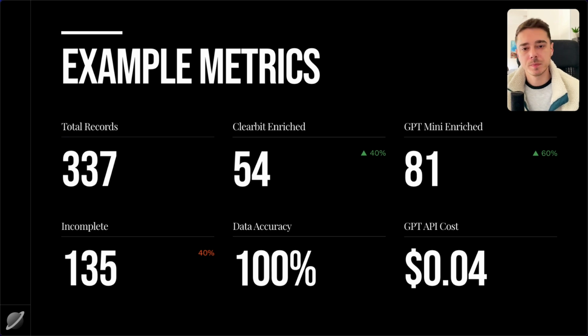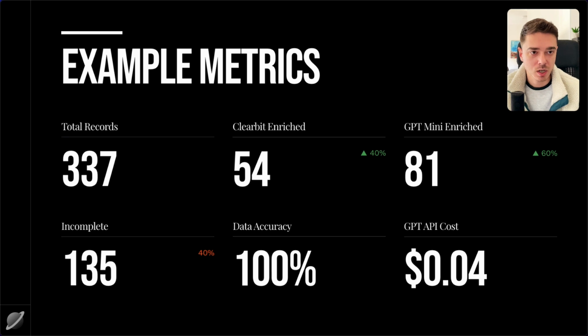I used the Clearbit enrichment for those incomplete records. It was able to find 40% of those. And then for the rest of them, I ran the GPT mini agent, and it was able to find the other 60%. At the end of the process, the data accuracy was 100%.